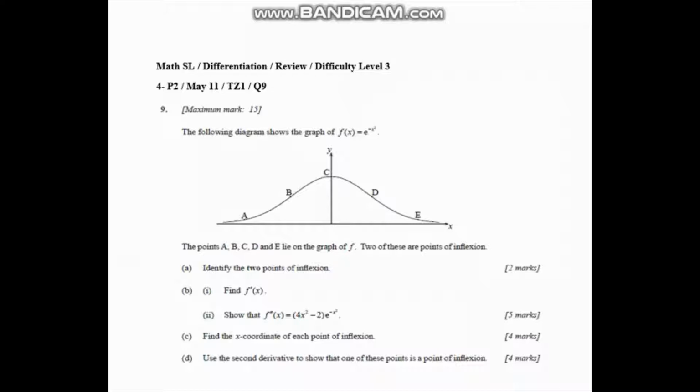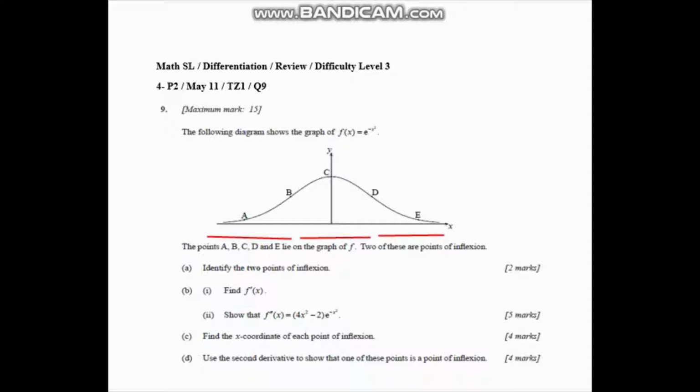And by concavity, in simpler terms, we mean whether the curve is smiling or frowning. So up till B, you can see that this is a part of a smile. And from B to D, you can see that this looks more like a frown. And after D, from D onwards, again, the curve looks like a smile.